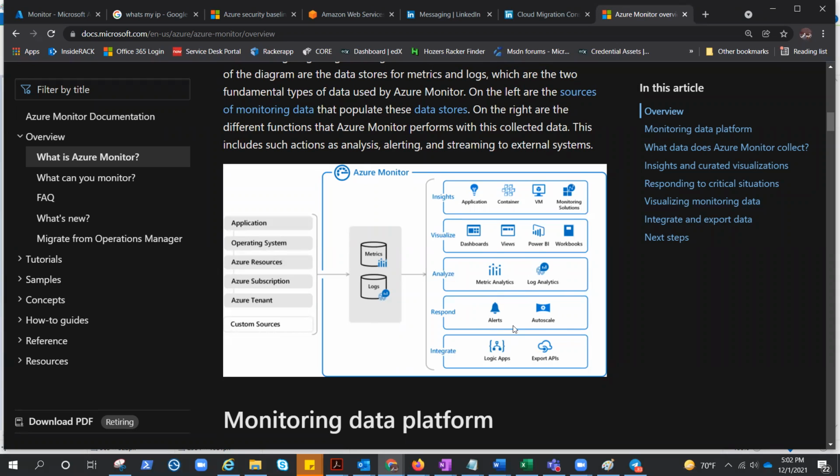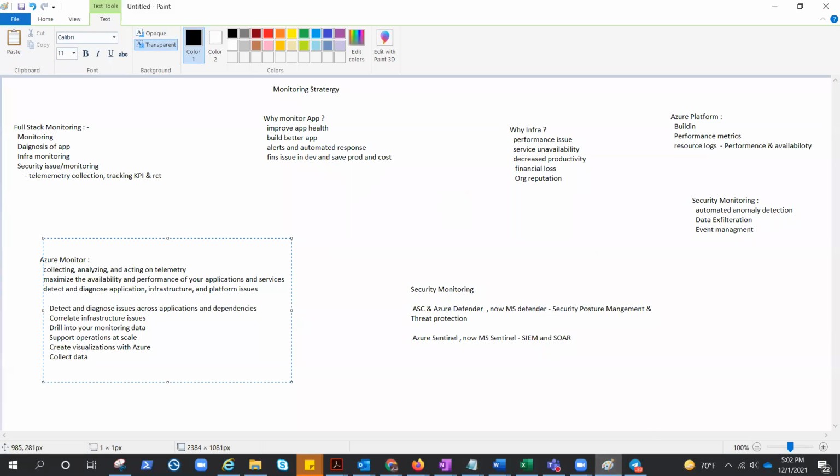If you create an alert with the help of some query, what's the output? If the output matches, the alert will trigger. You can call actions, right? Could be a Logic App or export, anything, right? All right, let's get back to here.